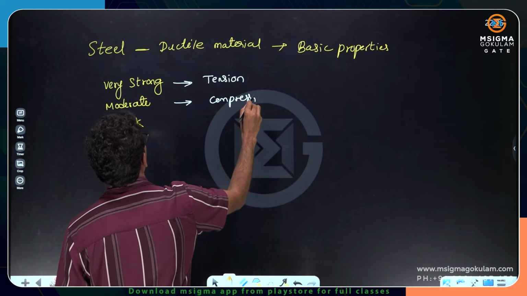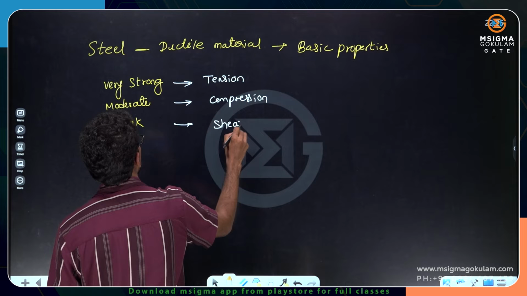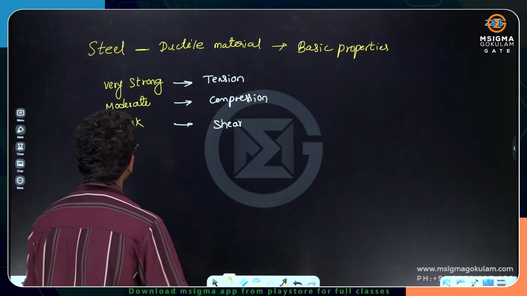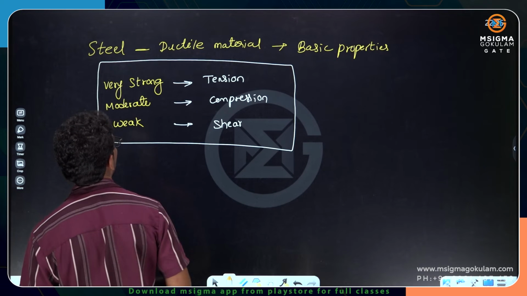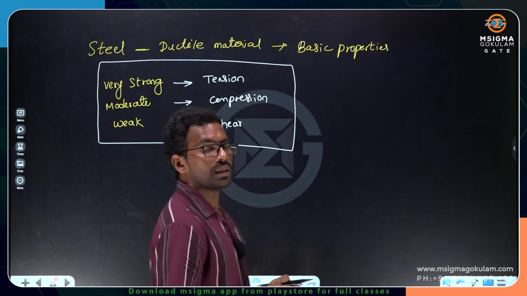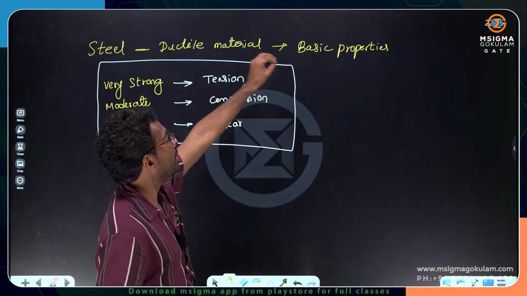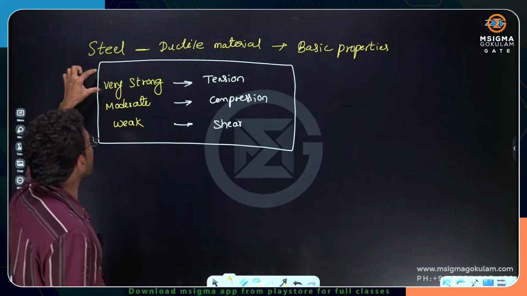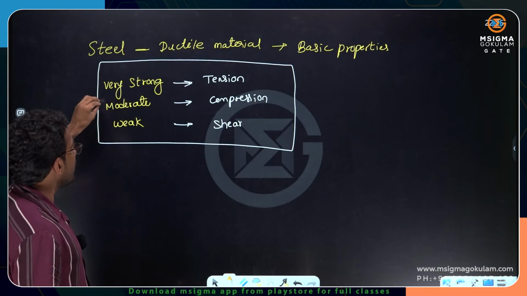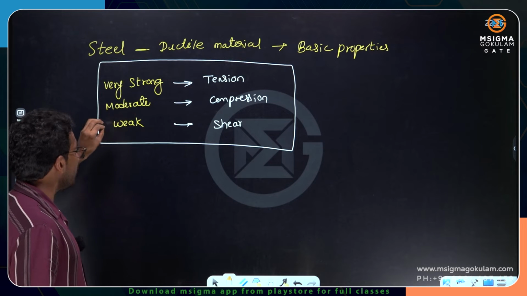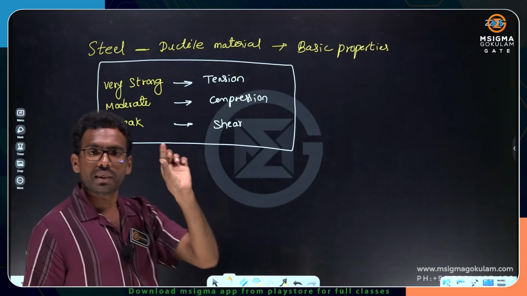Steel is very weak in shear. Please understand, these are very essential things you have to understand throughout steel structures. These are the basic properties of steel or any ductile material. Steel is very strong in tension, moderate in compression and weak in shear. The biggest drawback for steel is shear.